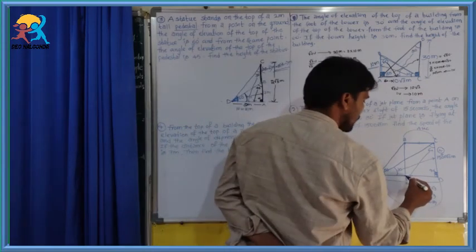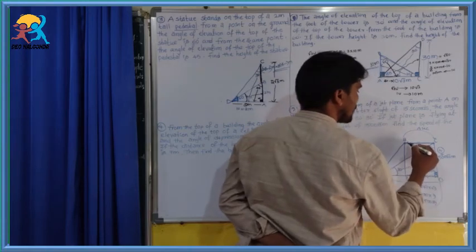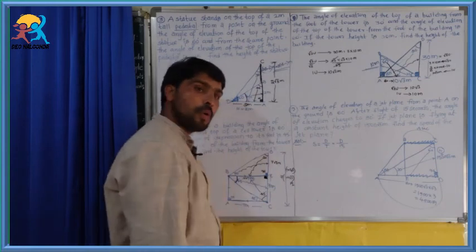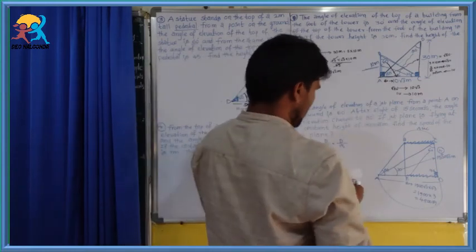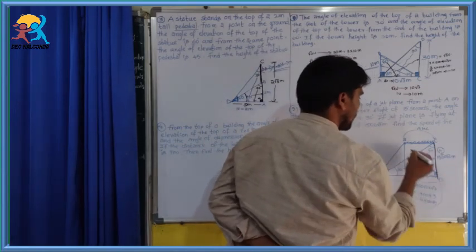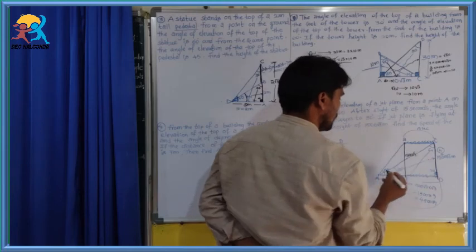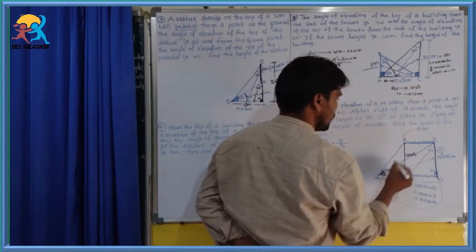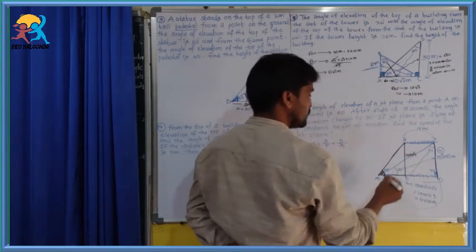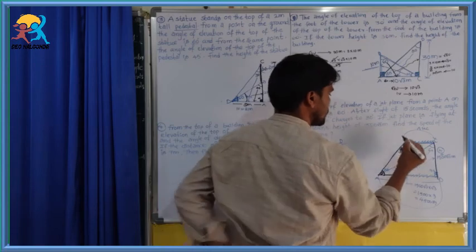But we have to find ED, as ED is equal to BC. Now consider triangle AEB. If it is 1500 root 3 here, then it is also 1500 root 3. This is 60 degrees, this is 90 degrees, automatically this is 30 degrees.